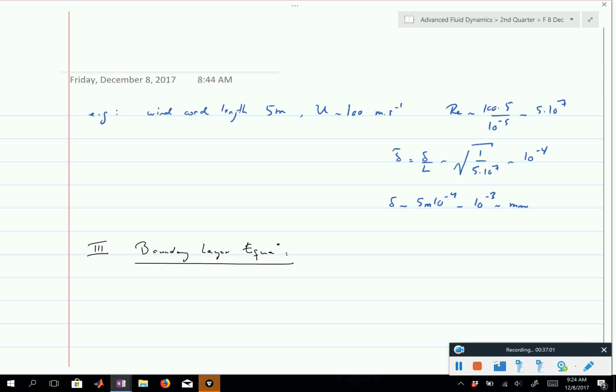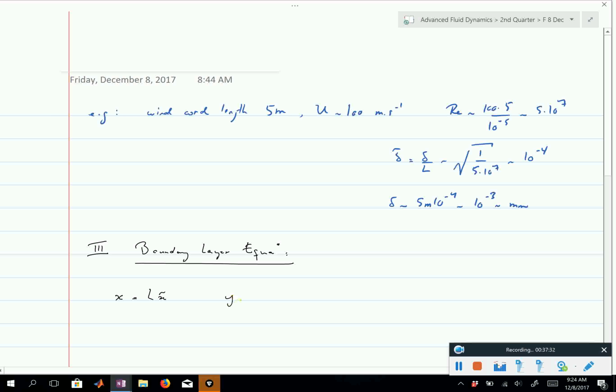The only thing we have to worry about are the typical scales for u, v, the velocity in the y direction, and the length scales in the x and y directions. When we non-dimensionalize x, the location in the x direction inside of a boundary layer, we non-dimensionalize with the characteristic length scale of the plate, L, because x could vary from the leading edge to the trailing edge.